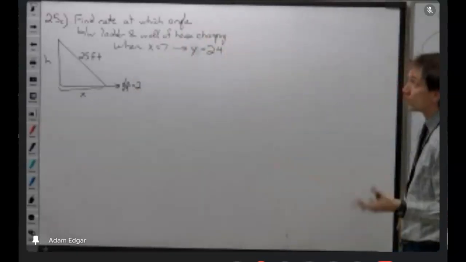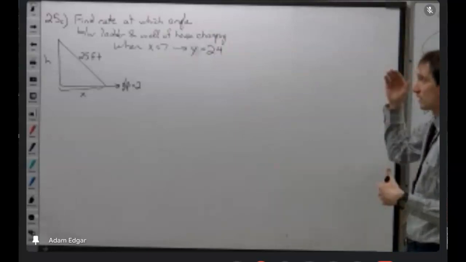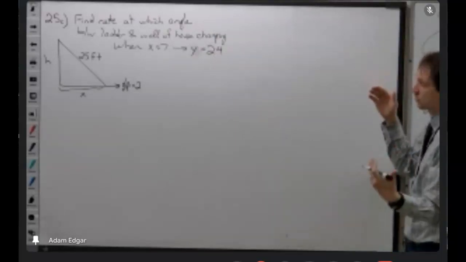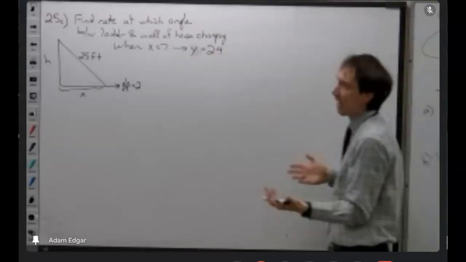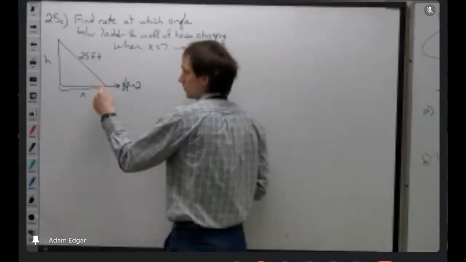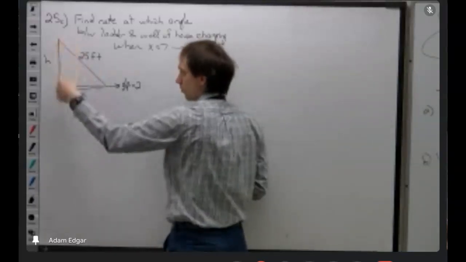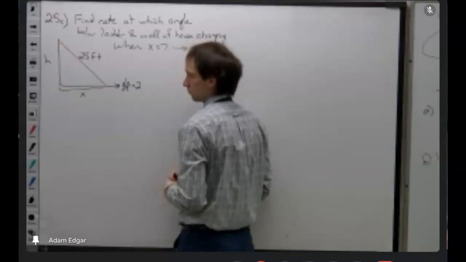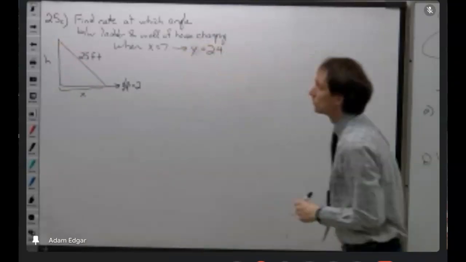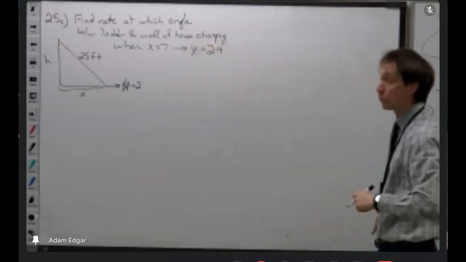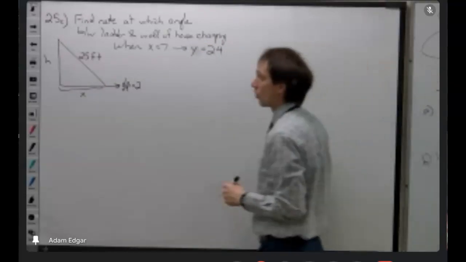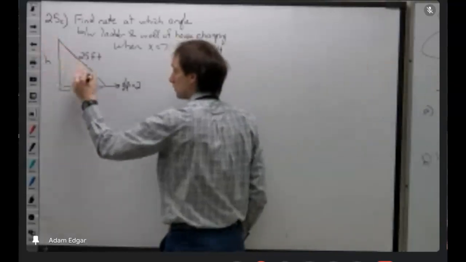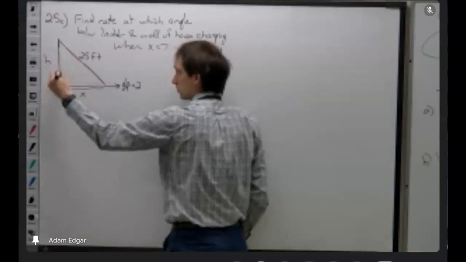We want to find the rate at which the angle between the ladder and the wall of the house is changing. So where is this angle? Bottom, top, or corner? So between who and what? Ladder and wall. Here's the ladder. Here's the wall. There's the angle between them.